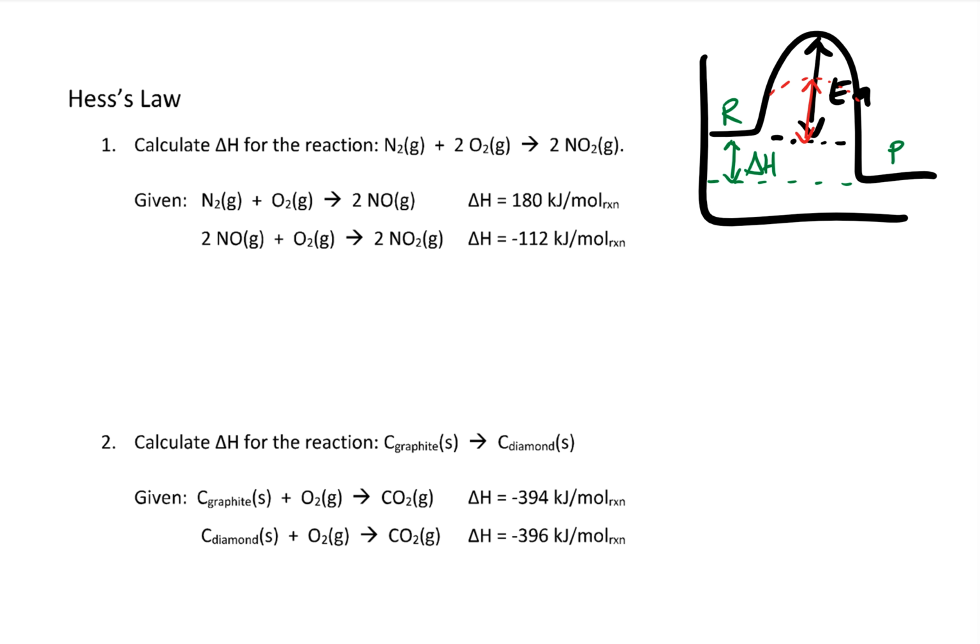So we're applying something called Hess's law, which allows us to add multi-step equations together to get an overall reaction. So for example, in number 1 here, we want to calculate the delta H for this reaction. This is our desired overall equation.